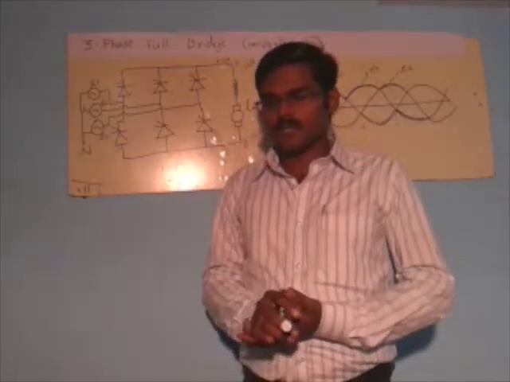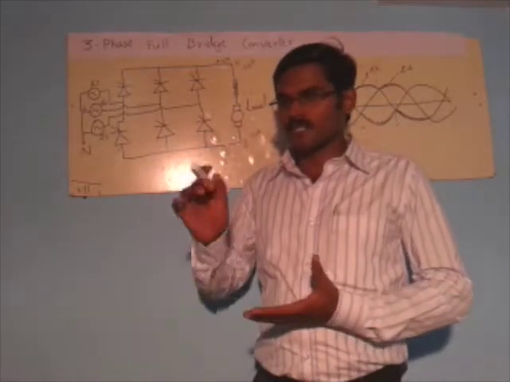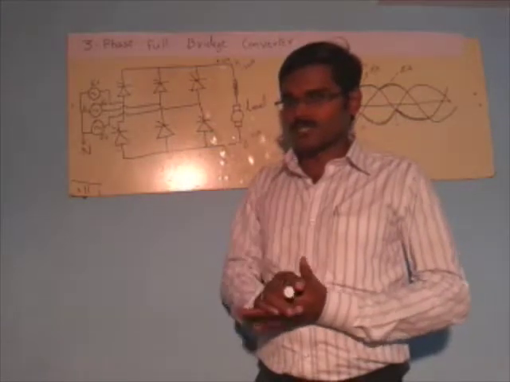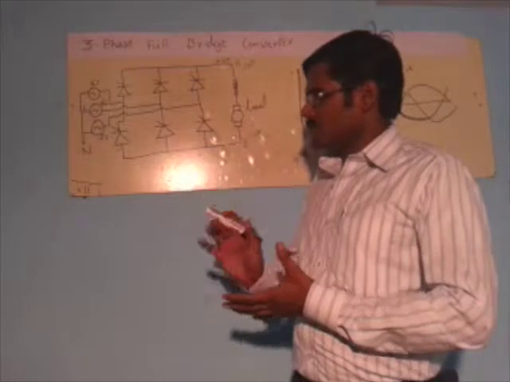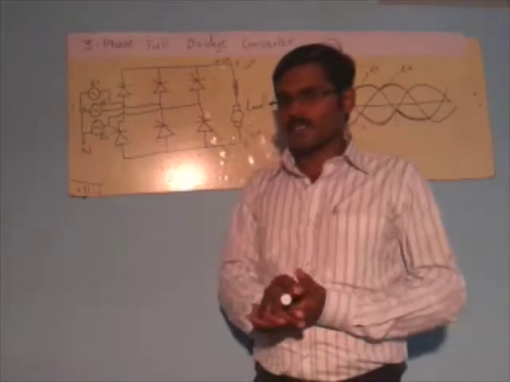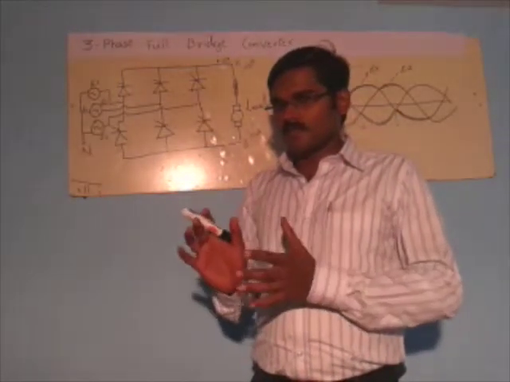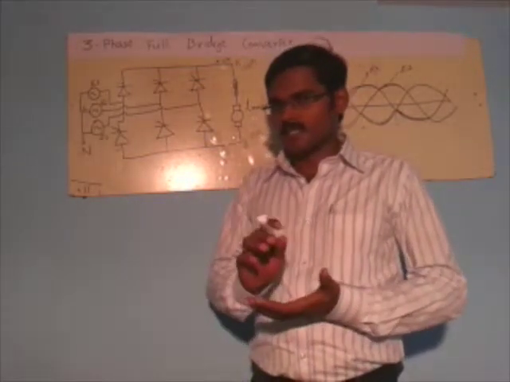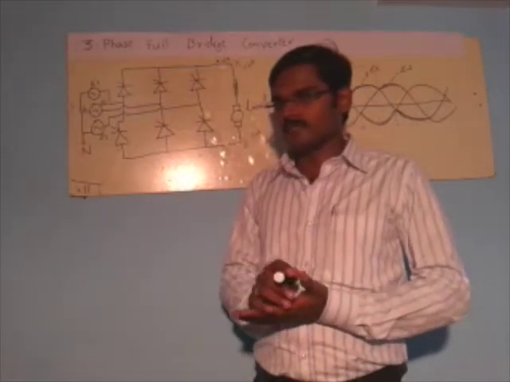Total cycle of operation is 360, that is equal to 2 pi radian. 2 pi by 6 will be pi by 3. For each phase, a pair of pulses I am using. Each pulse phase angle alpha is equal to pi by 3 and 4 pi by 3.